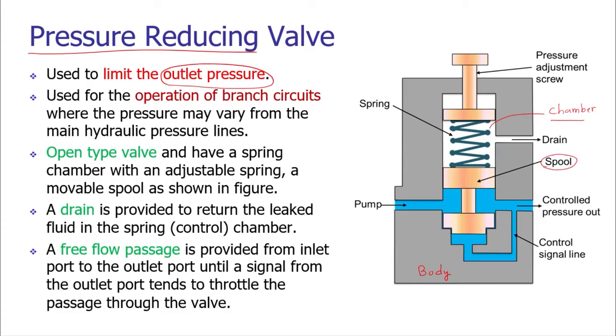The spool is operated by the spring, and the spring is controlled by a pressure adjustment screw. The stiffness or the pressure on the spring is controlled by the pressure adjustment screw. The valve has two ports, the pump port and the outlet port.